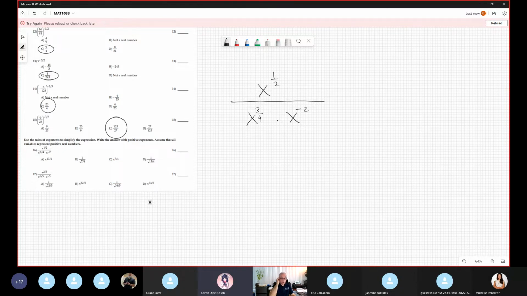They want you to manipulate and condense this into only one x. But it's not allowed to express the final answer using a negative exponent. So the final answer we can always express using positive exponents.